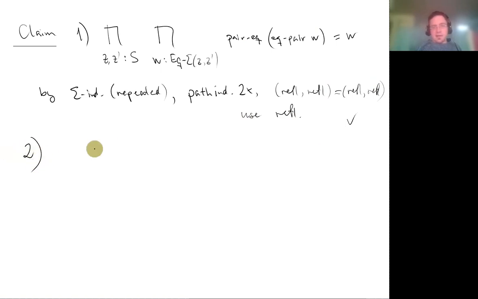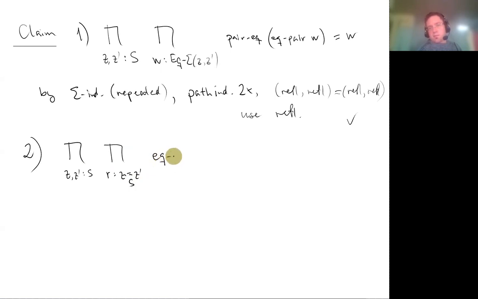In the second case, we go the other direction. So for every z prime, and for every identification R, say z equals z prime in S, I can compose these functions in the other direction.